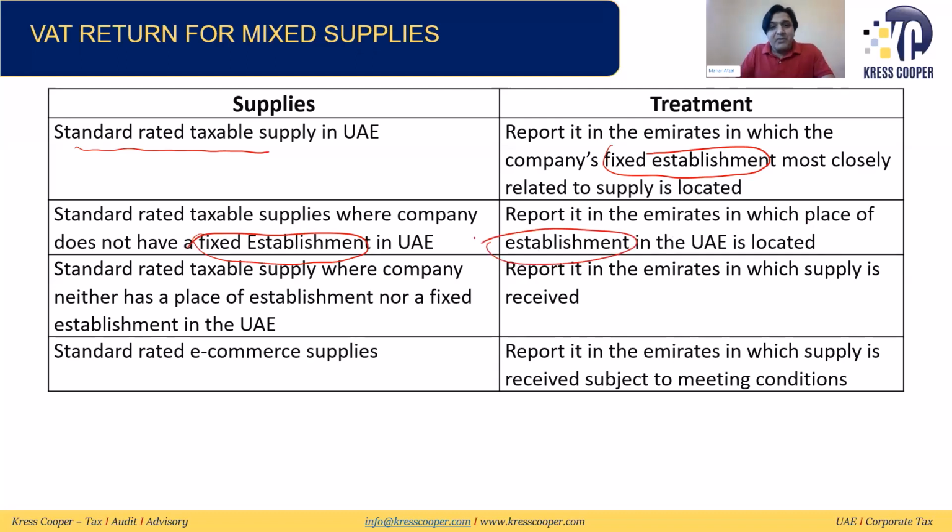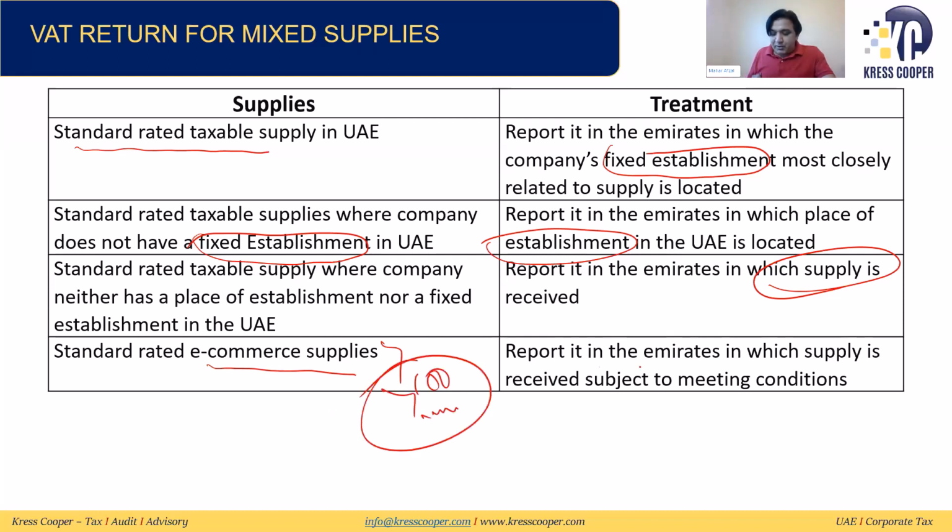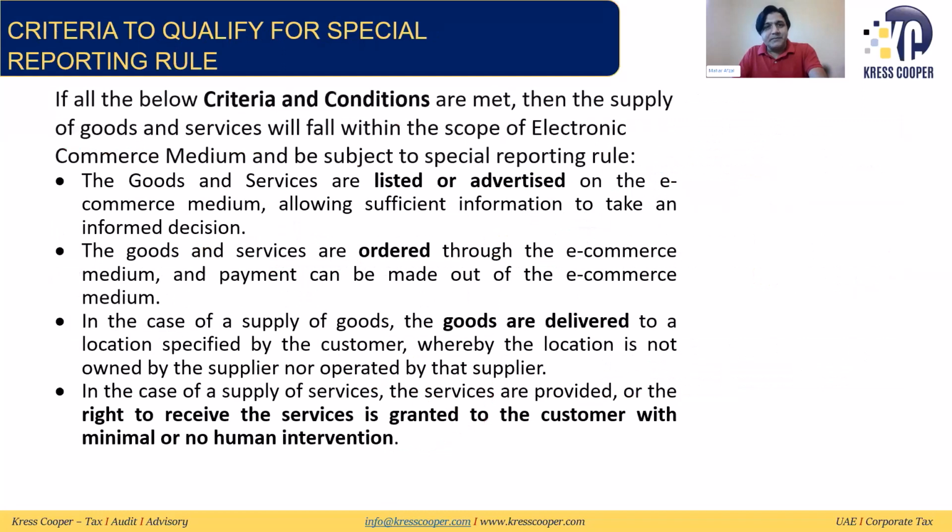Standard taxable supply where the company neither has a place of establishment nor a fixed establishment in the UAE, then report in the emirate in which the supply is being received. Standard e-commerce supplies having a value of more than 100 million, only e-commerce, then report in the emirate in which the supply is being received. So these are the reporting requirements as per the revised VAT regulations, as per Public Clarification number 33.